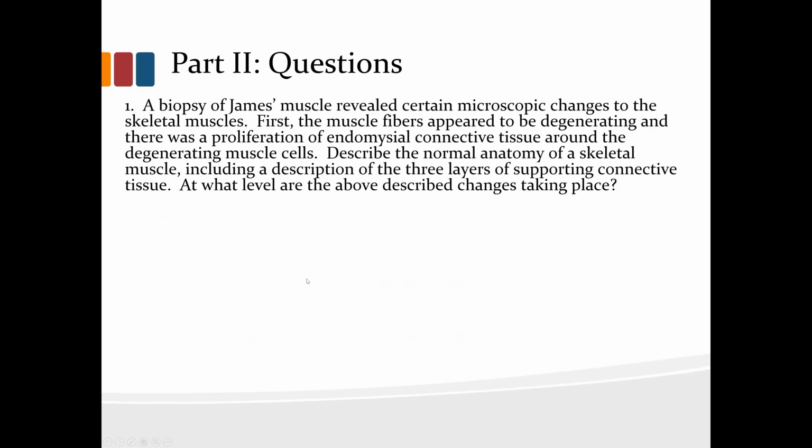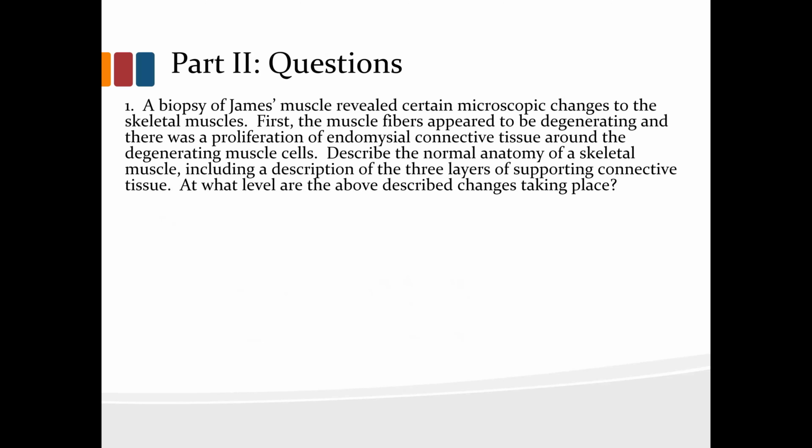So number one, a biopsy of James's muscle revealed certain microscopic changes to the skeletal muscles. First, the muscle fibers appeared to be degenerating, and there was a proliferation of endomysial connective tissue around the degenerating muscle cells. Describe the normal anatomy of a skeletal muscle, including a description of the 3 layers of supporting connective tissue.